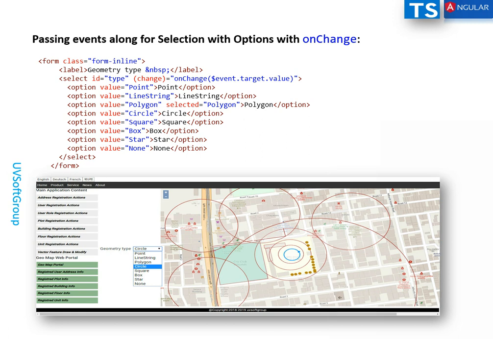Let's continue. So here's another example, a really good example from real development. You can see the real example for these cases. You have a selection, and your selection has the event attribute to pass on change event, and then you have the options like point, line, string, polygon, circle, square, box, star and null.